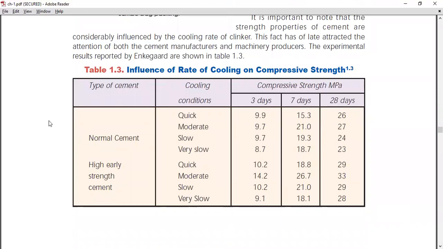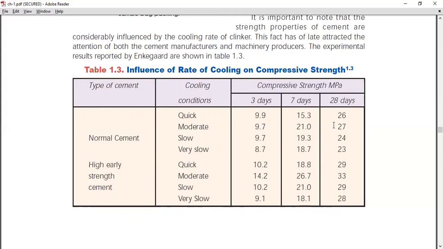Here, the influence of rate of cooling on compressive strength: types of cement, cooling condition, and compressive strength in MPa for 3 day, 7 day and 28 day. Normal cement with quick, moderate, slow and very slow cooling. The compressive strength for quick cooling is 9.9, 15.3 and 26 respectively.